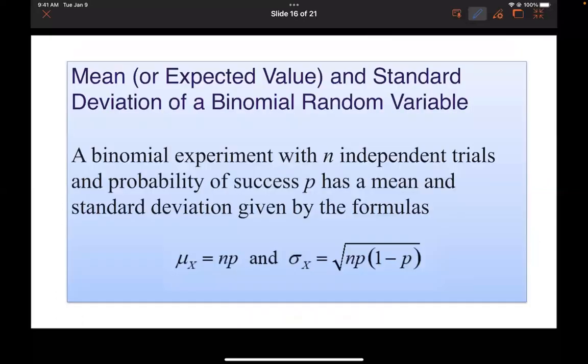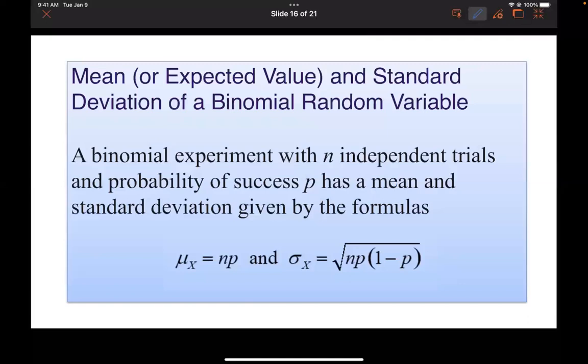Okay. So with the binomial random variable, we can calculate a mean and a standard deviation, so we can get an expected value. So how many we would expect to have. The mean is kind of self-explanatory. If I have 20, I would multiply that 20 by the probability, and that's how many I would expect.